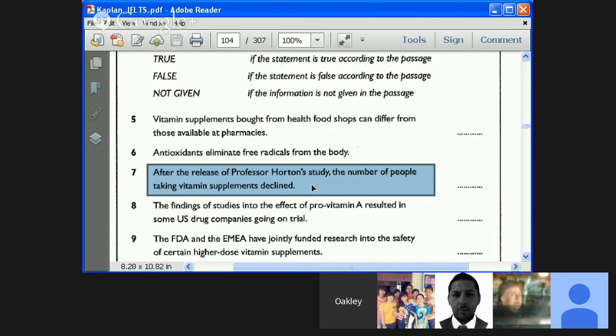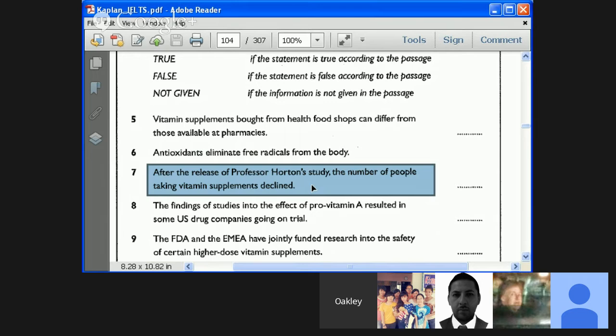How can you rephrase this as a question? Did the number of people taking vitamins decline after the release of Harton's study? Yep, that's it.